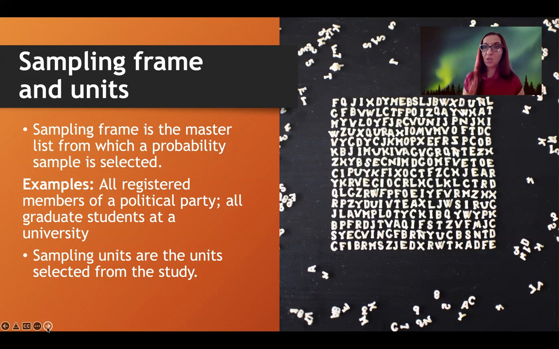So if you're doing a study that involves only graduate students, you search for a list of all graduate students at your university, and then you can utilize one of those sampling methods to select the people that you're going to survey for your study. Sampling units are units selected from that study.